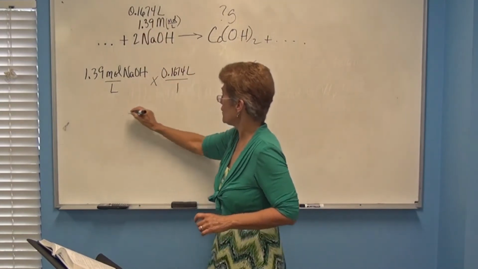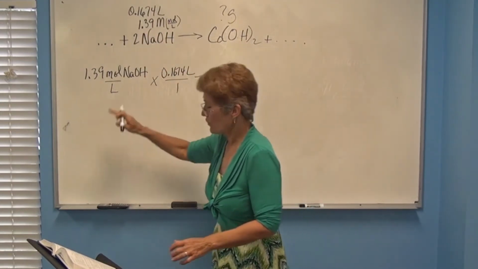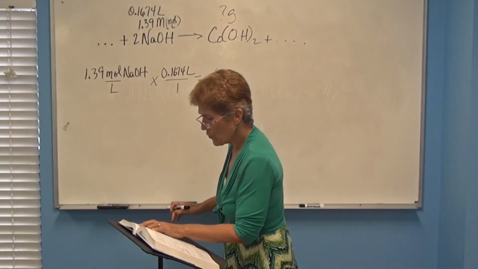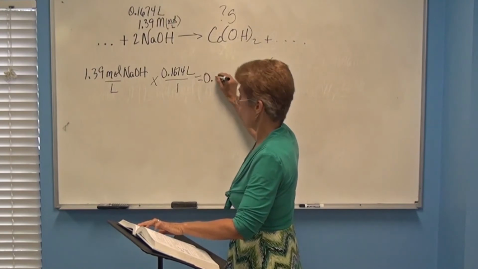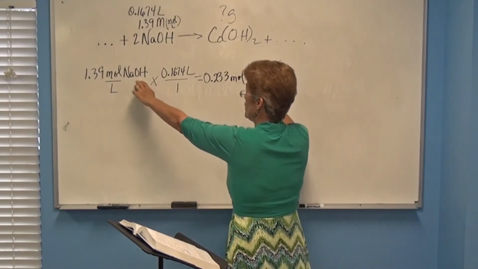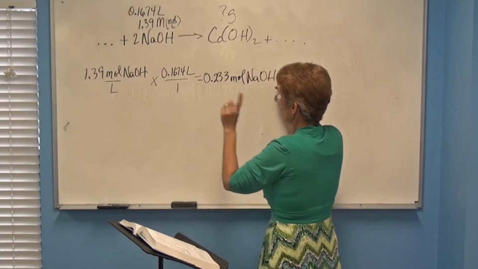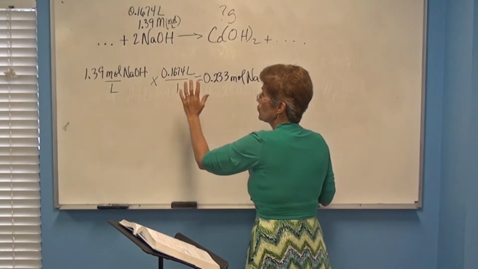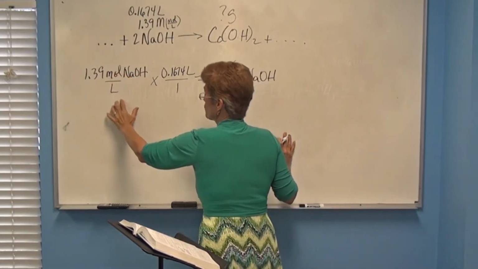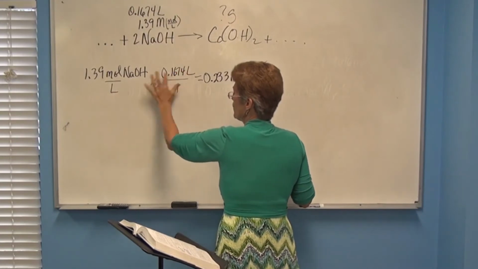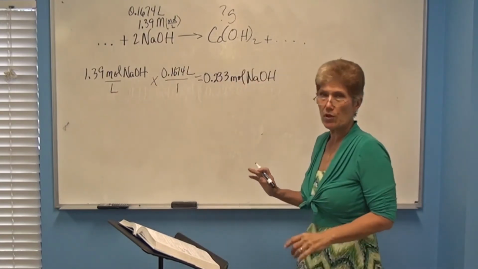And that's going to make my liters cancel, isn't it? And so we'll have 3 significant figures in the answer. And so the answer is going to be 0.233 moles of sodium hydroxide. I know, this is like the only place where you don't take this and put it here, because we're trying to get to moles, and we already have moles per liter. But we know how many liters we have, so we're going to multiply by the liters to get rid of that. And that's going to leave us with our moles.